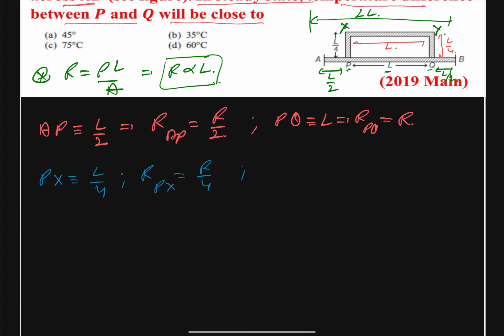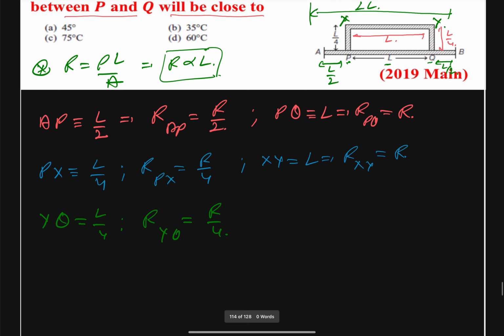And we have XY, whose length is L, so the resistance of XY is equal to R. And finally, we have YQ, whose length is L by 4, so the resistance of YQ will be equal to R by 4.